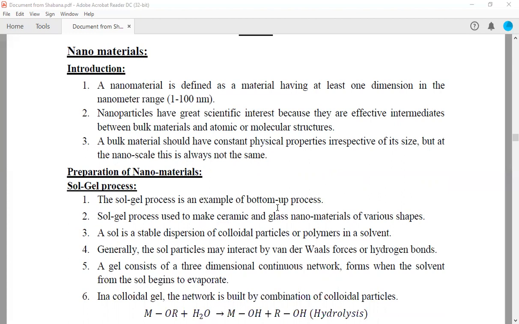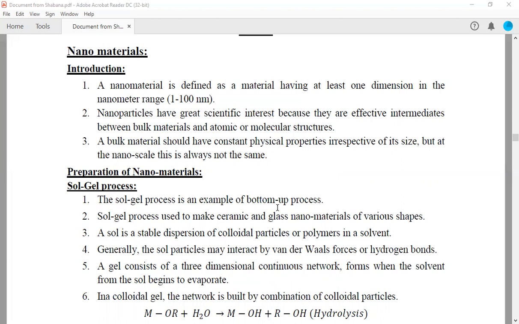In this type, the bulk material is converted to powder and then to nanomaterial, that is nanoparticles, by making use of the lithographic method. This method is widely used in the microelectronic industry.